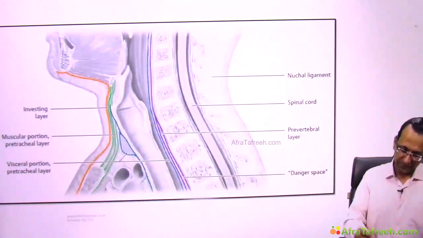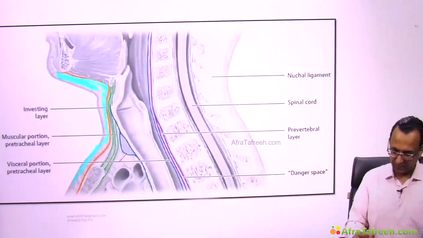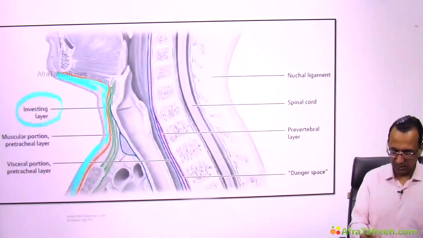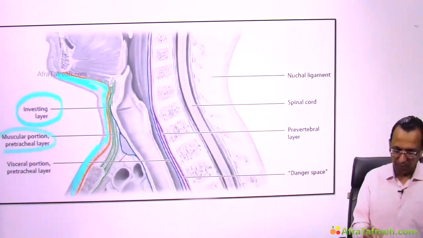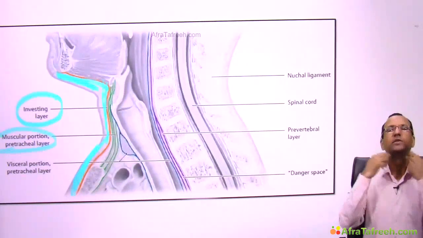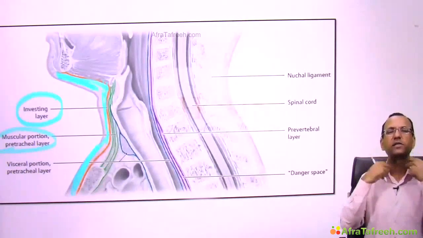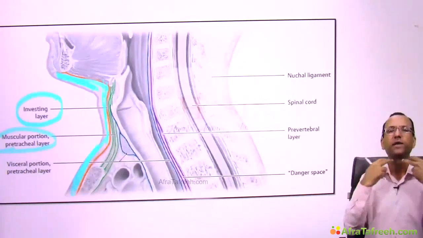You see here, this is the most superficial, which is called the investing fascia. And what is behind that? Behind that is the muscular portion of pretracheal fascia, which will cover some strap muscles. I told you pretracheal fascia has various layers, and this is the muscular layer to cover the strap muscle.